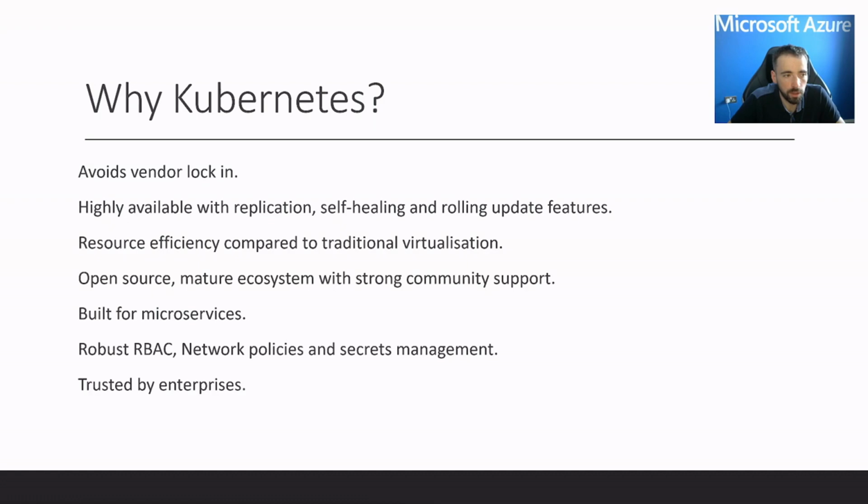It's built for microservices. So as I said, very supportive of a microservices architecture. It also provides capability like RBAC, network policies, and secrets management built in. We're typically going to need secrets for our applications, and it's got a built-in mechanism that we can use.